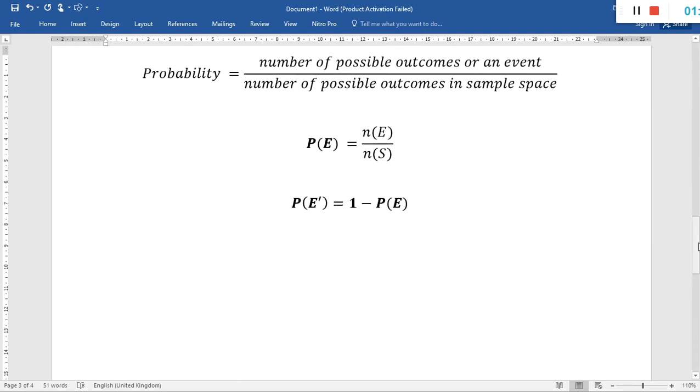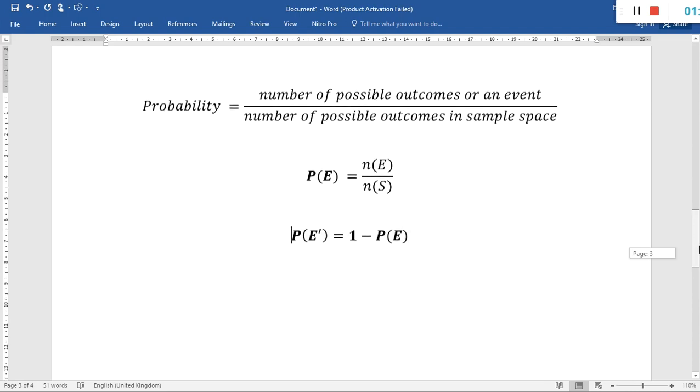The probability of the event E not happening is simply 1, which is total probability, minus the probability of E happening. In this case, we're talking about the probability of your ball landing in 8, so the probability is P(8). Then P(8 prime), the probability of your ball not entering 8, is 1 minus P(E).